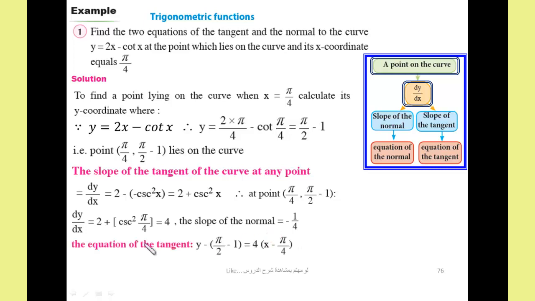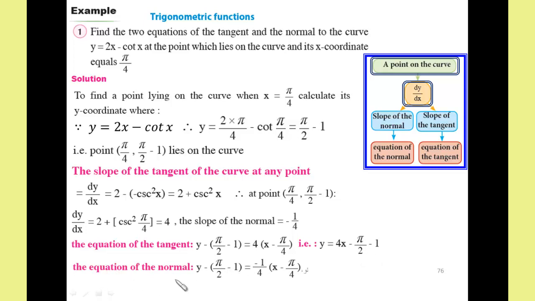Now the equation of the tangent is y minus y1, the y coordinate, which equals pi over 2 minus 1. So y minus (pi over 2 minus 1) equals 4, its slope, multiplied by x minus x1. After simplifying, you will get y equals 4x minus pi over 2 minus 1.